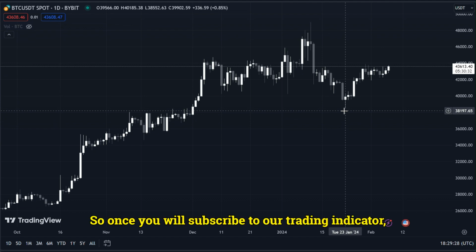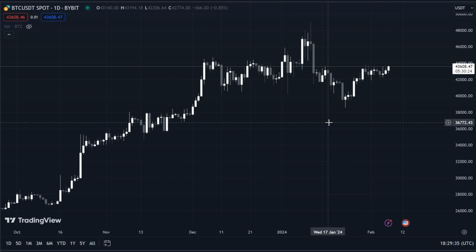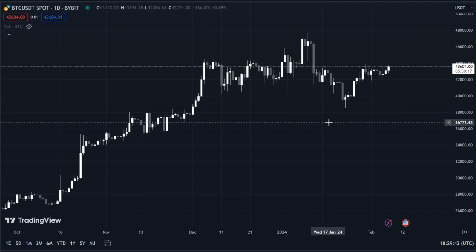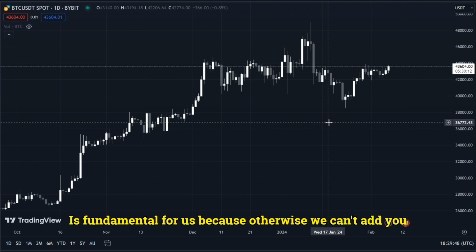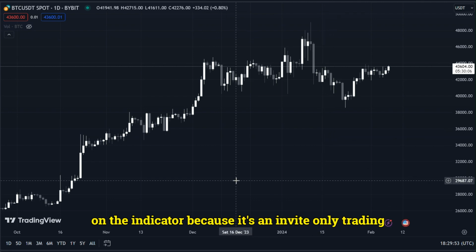Once you subscribe to our trading indicator EasyTrade Pro, you will leave your TradingView username at checkout. The TradingView username is fundamental for us, because otherwise we can't add you to the indicator, since it's an invite-only trading indicator.